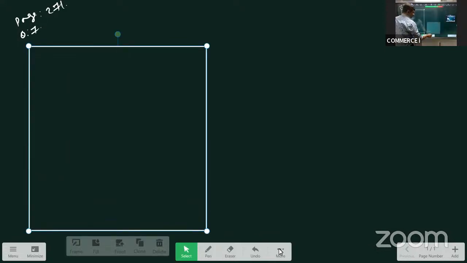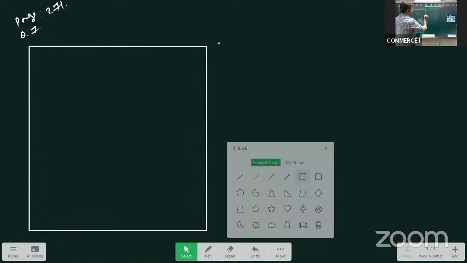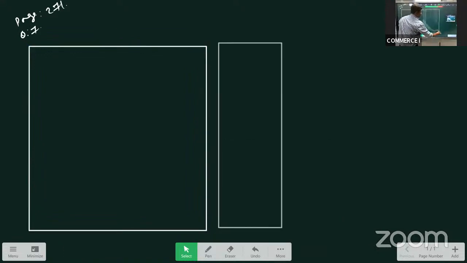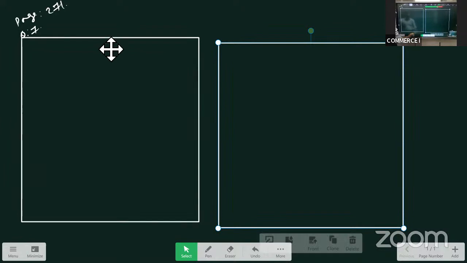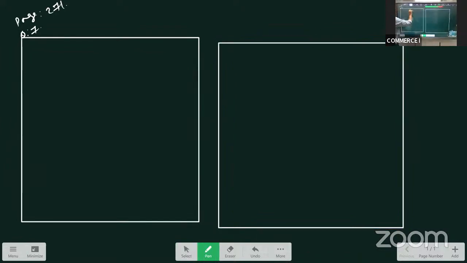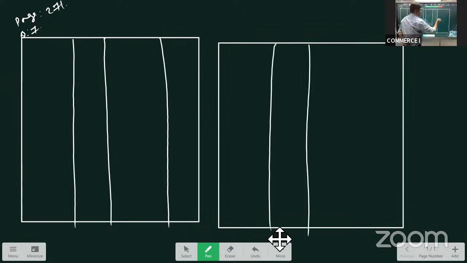This is our trading account, and here I will prepare P&L. This is the format of trading account, and this is the format of profit and loss account.